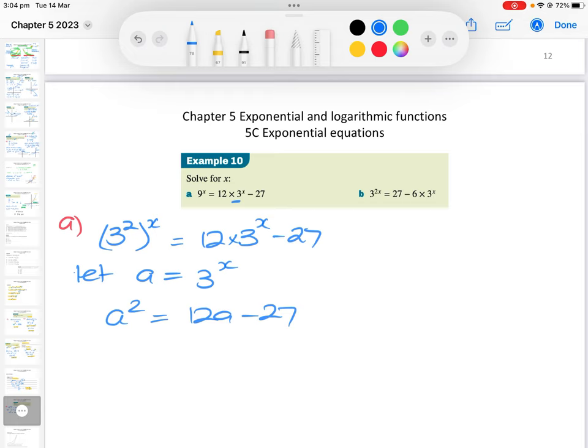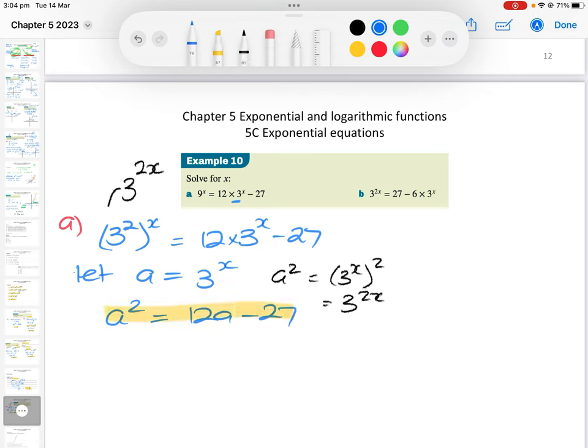Now, I'm not sure if I've explained that well, because this will become 3 to the 2x. So if I get a squared, that would be 3 to the x squared, which is 3 to the 2x. So it's just an equivalent way of writing that statement and recognising that.